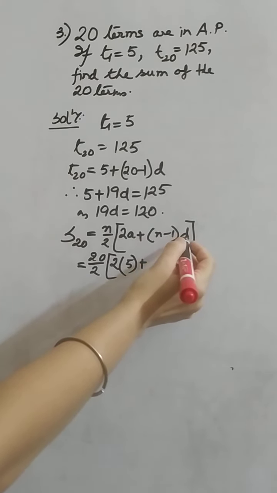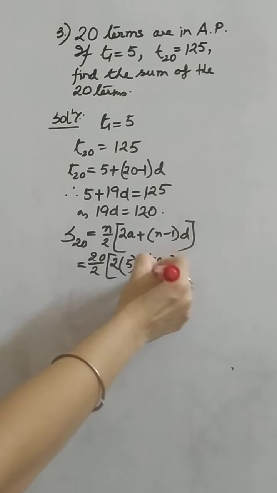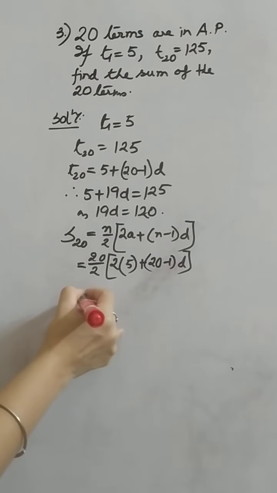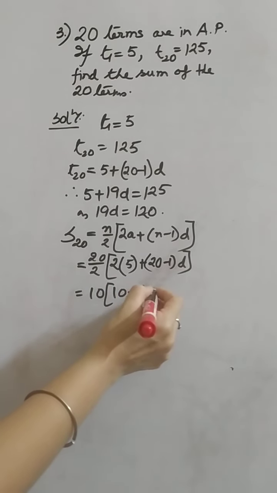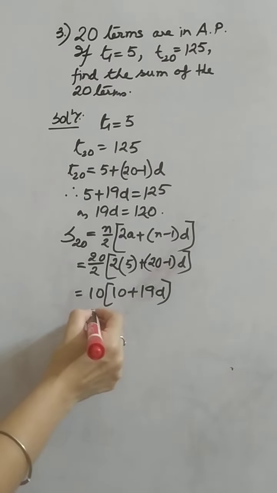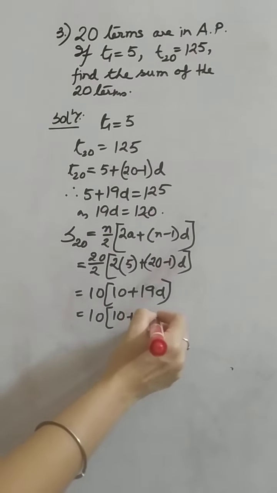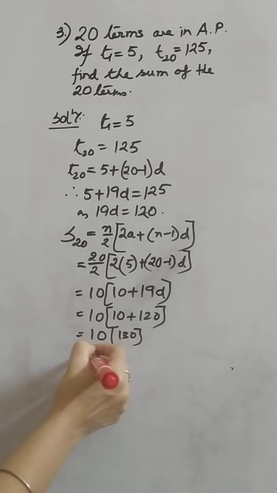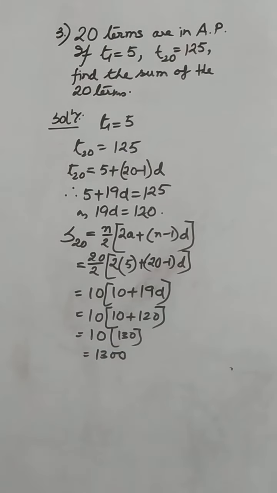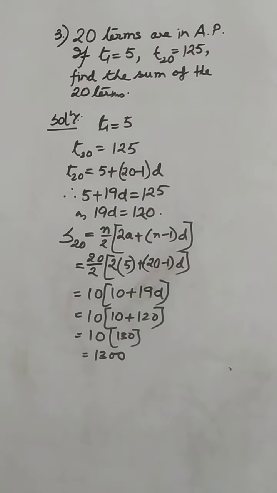Let me write one more step, 20 minus 1 into d. If I cancel, this is 10 into 10 plus 19d. This is equal to 10 into 10 plus, here 19d is 120. So the last answer is 10 into 130, that is 1300, the sum of these 20 terms. Clear? Now let's move on to the fourth question.